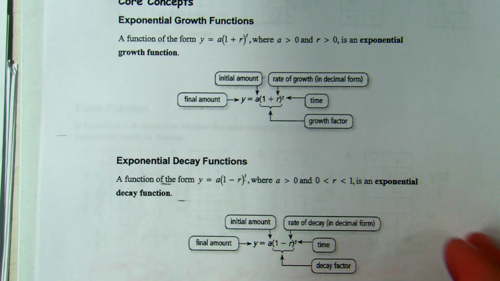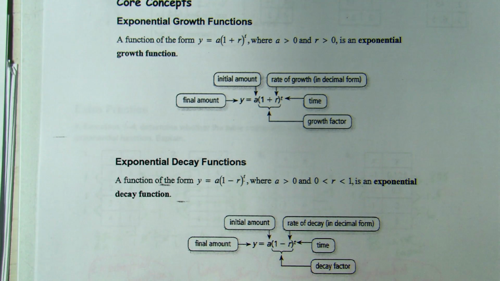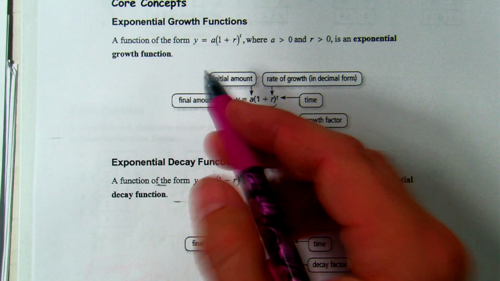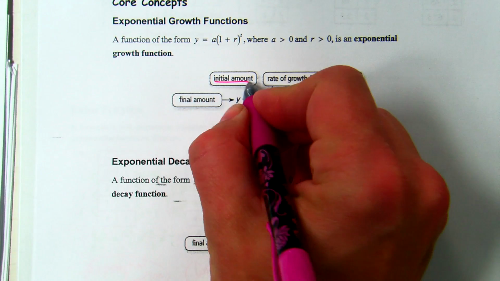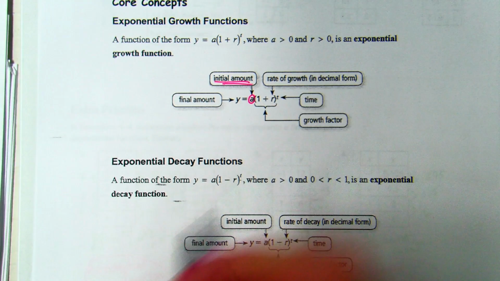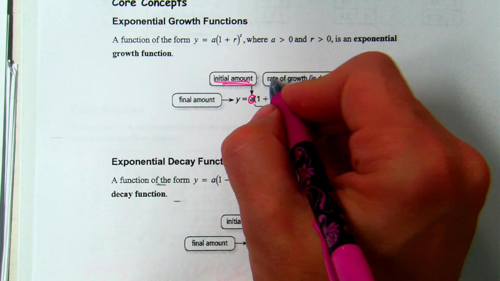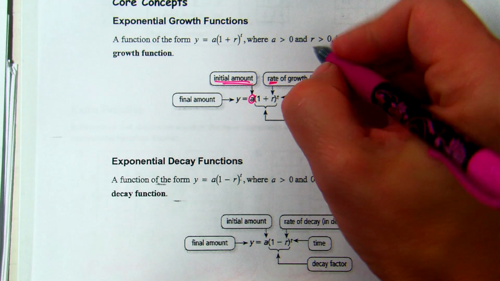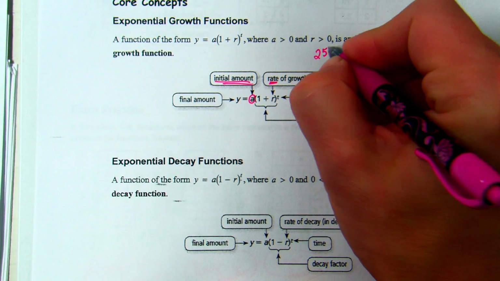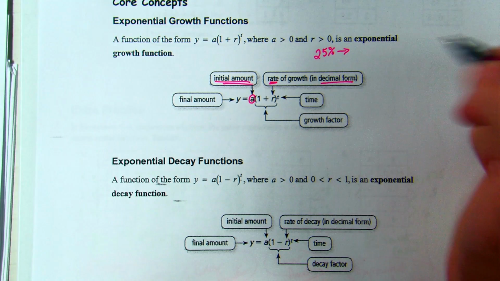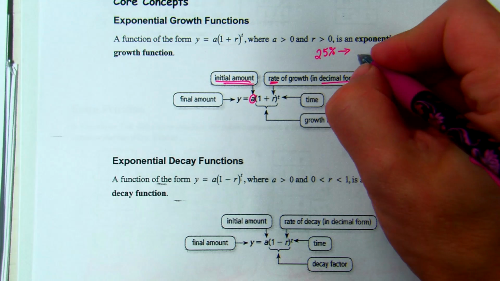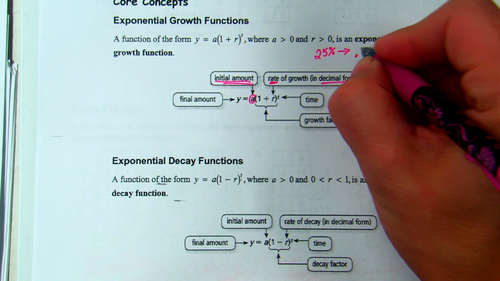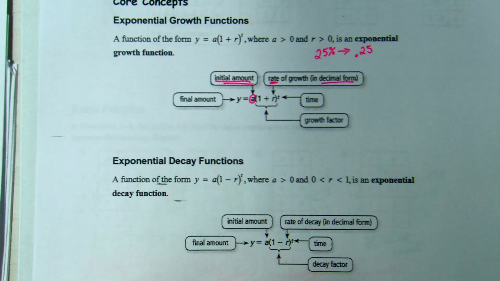And this is going to be pretty easy because we're just going to have to plug the values in and evaluate them. So again, the growth function, the initial amount is the A. The rate is your R, and it's in decimal form. If I gave you 25%, what is the decimal form of 25%? 0.25, correct. All right.